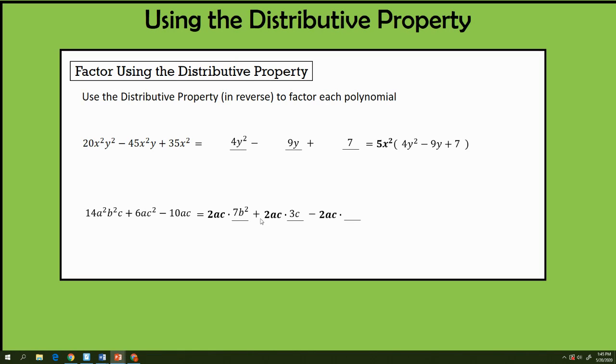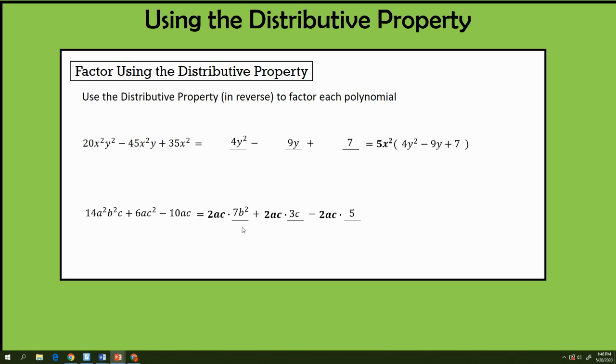All right, the second one should be a 3c, right? 2 times 3 is 6. C times c is c squared. And the last one should be 5. 5 times 2ac is 10ac. So my mistake here is there should be an a here. Okay, so imagine that there's an a there and I didn't make that mistake.